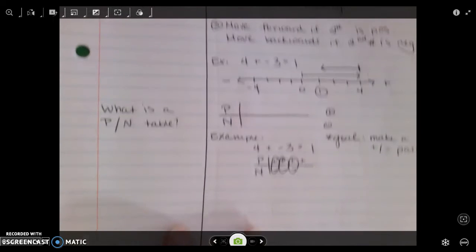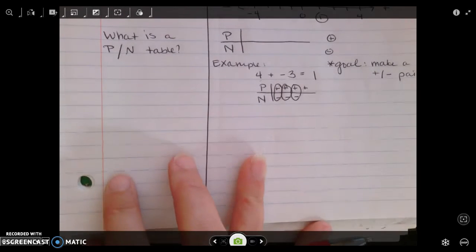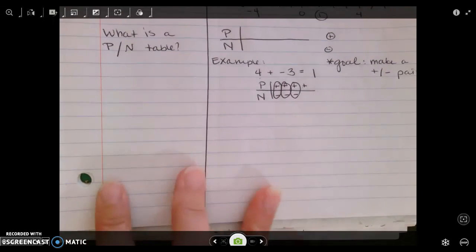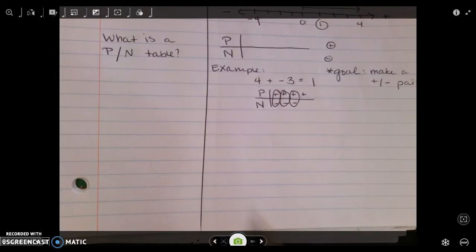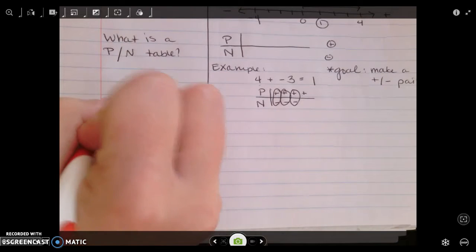And then you can use the number line. Now here's one more strategy that's a little bit more, I would say, abstract for some students, but other students catch on to it really, really well. How can I use absolute value?